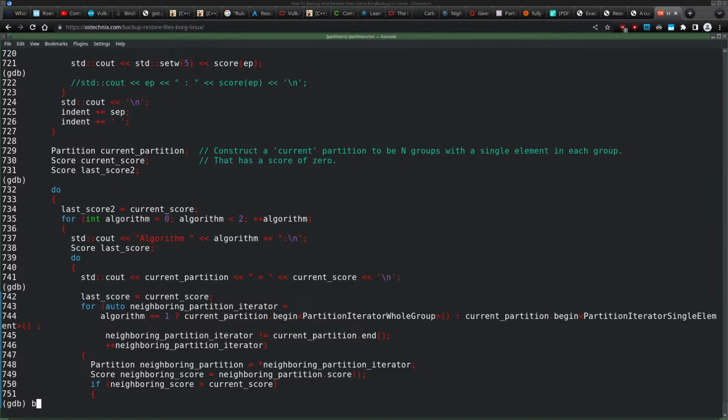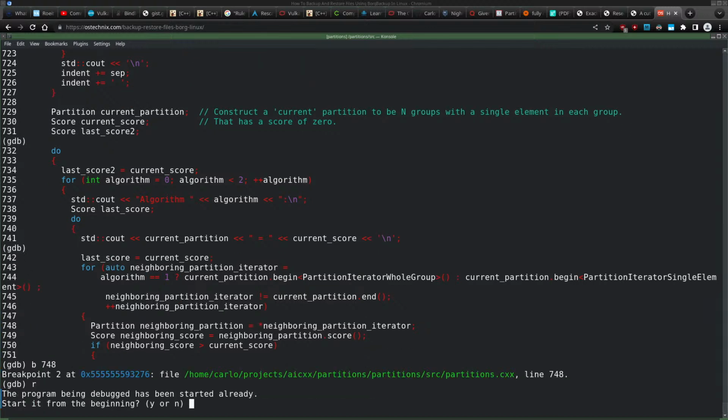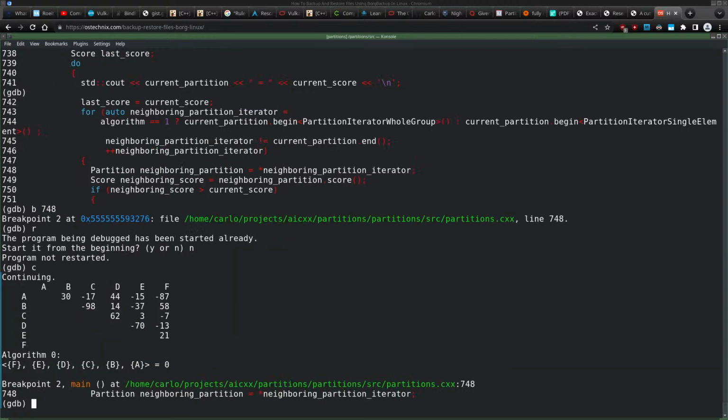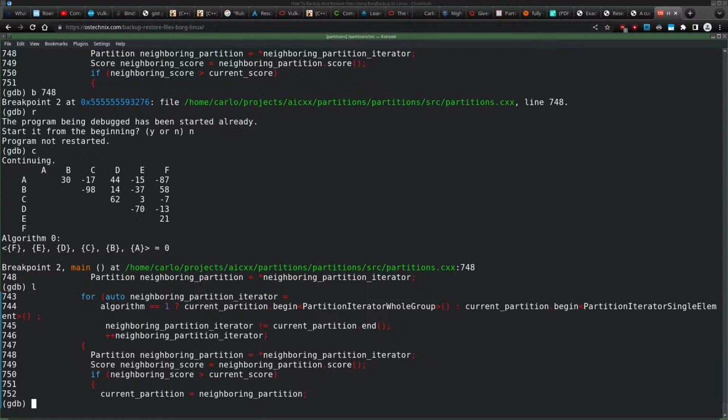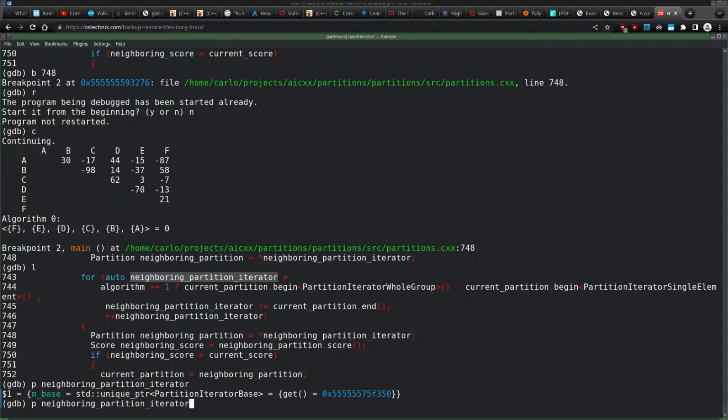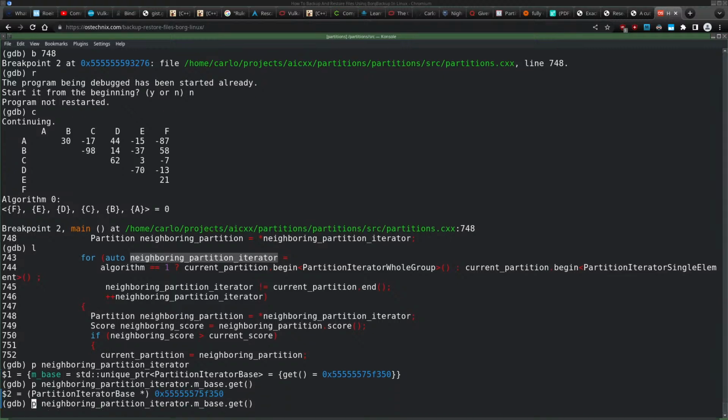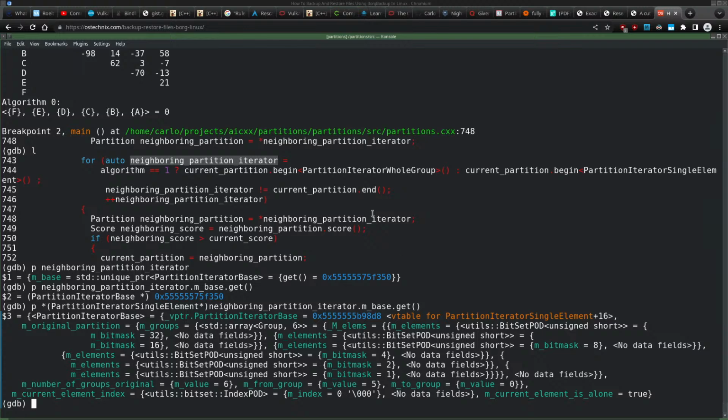Could set a breakpoint on 748. I think that's already wrong then. Yeah, continue. That looks good.